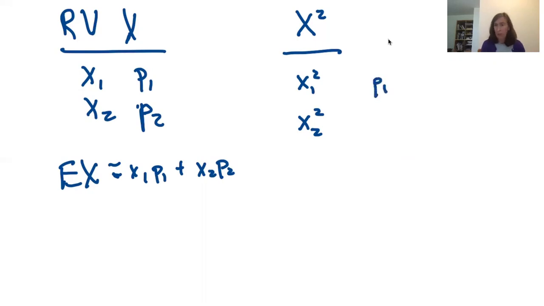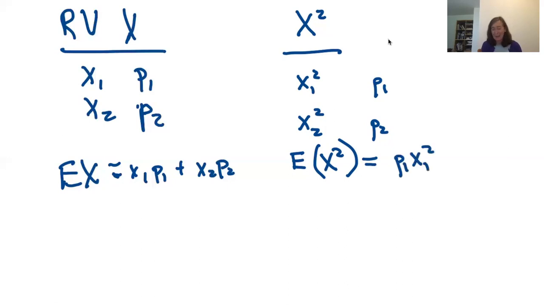It's the same p1, the probability that X took the value x1, and the probability for x2 squared is still p2. Anytime you perform a function on a random variable, you're performing it on the outcomes, leaving the probabilities alone. And notice we can now take the expected value of X squared. It's a new random variable that takes value x1 squared with probability p1 and value x2 squared with probability p2.